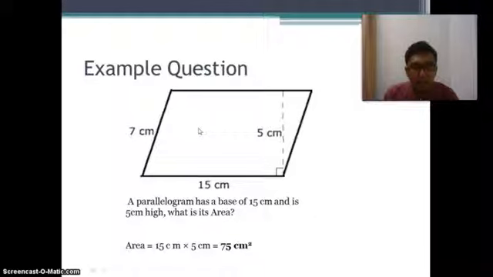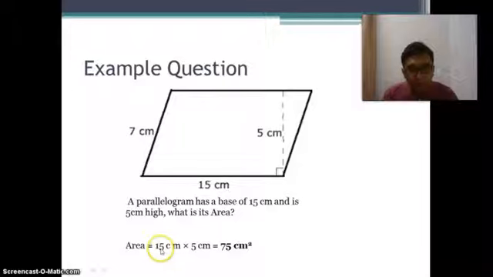This is the example question for the parallelogram. A parallelogram has a base of 15 cm and is 5 cm high. What is the area? Given 15 cm is the base and 5 cm is the height, we label it and make a calculation.